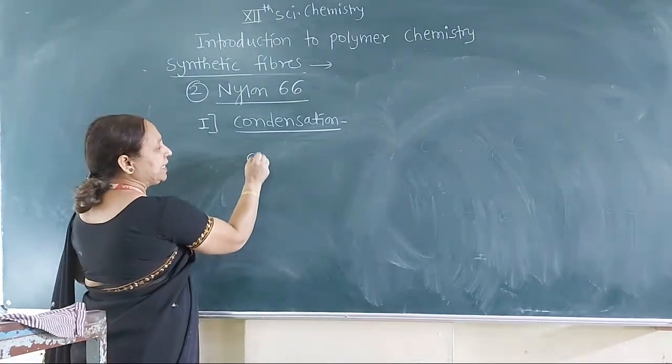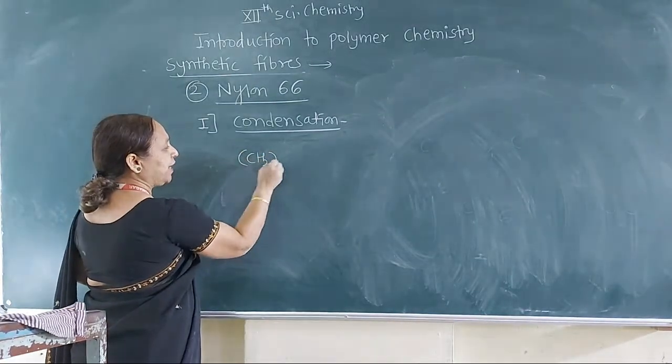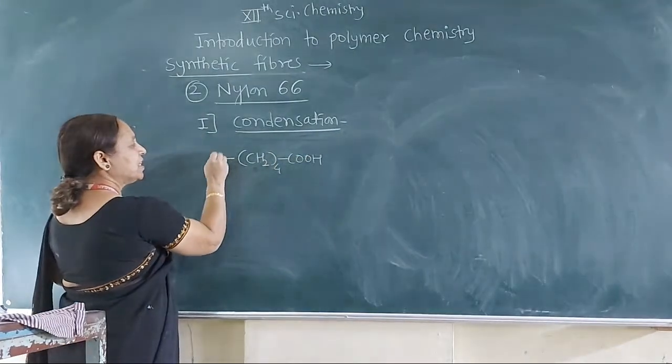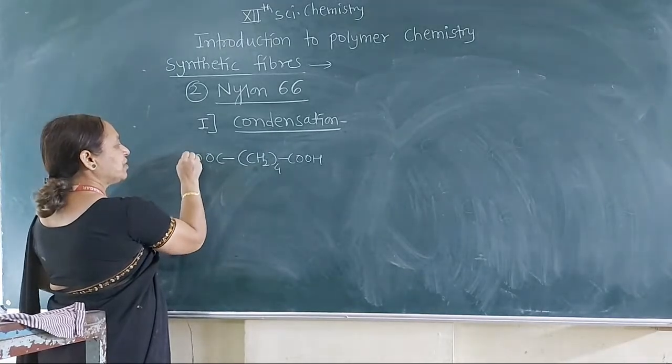So first consider monomers of adipic acid. Adipic acid is CH2 4 times, COOH 2 times.